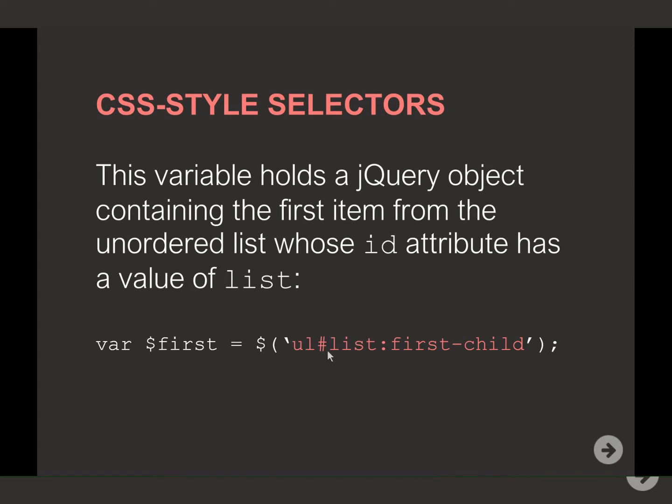The CSS style selector is in this parameter, colored red. It's ul, unordered list, and then #list means the ID. Next one is the first child.